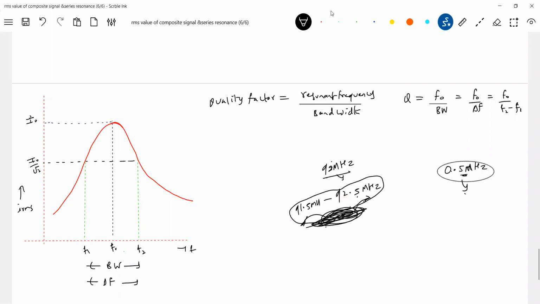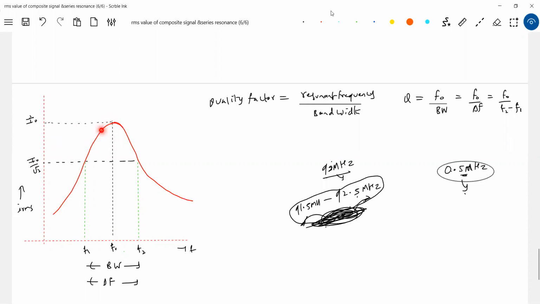So then why, sir, are you bringing I naught by root 2? When a signal arrives at a station, like a mobile or anything, the signal which is equal to the resonant frequency will have maximum power. What about the power of these signals? I think this particular frequency has maximum power, since the current is maximum.